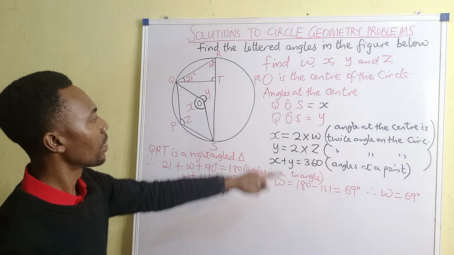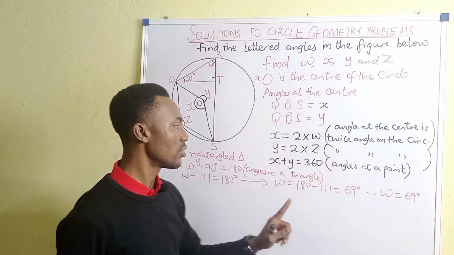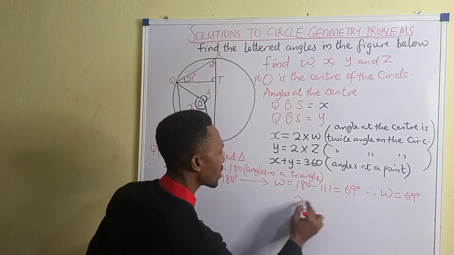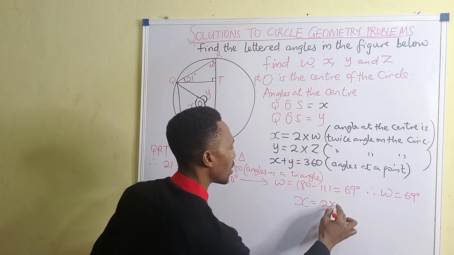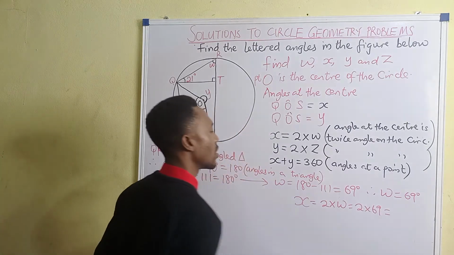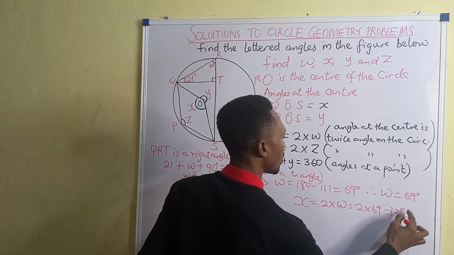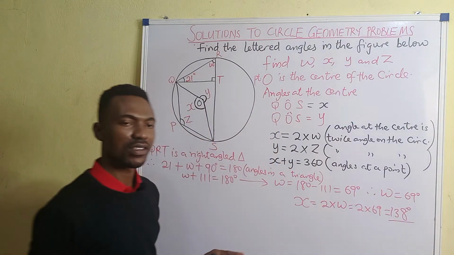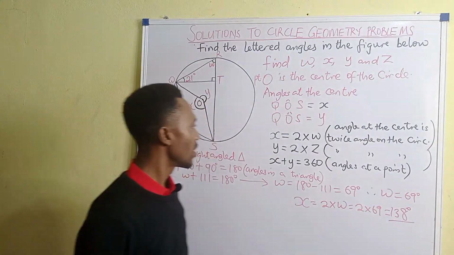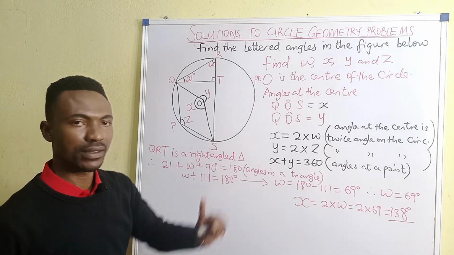We have W. Now, remember we said X is equal to 2 times W. So right here we can see X is 2 times W, which is 2 times 69, which is 138. We have found X. X is 138. Don't also forget we did say that X plus Y is 360.